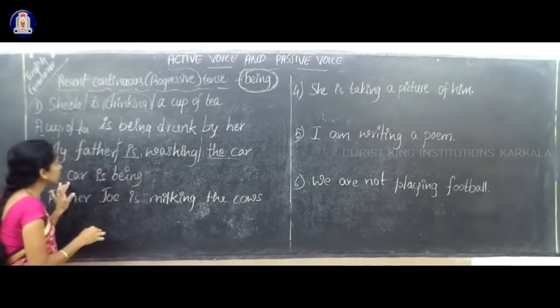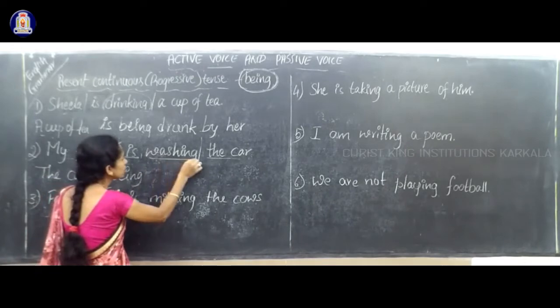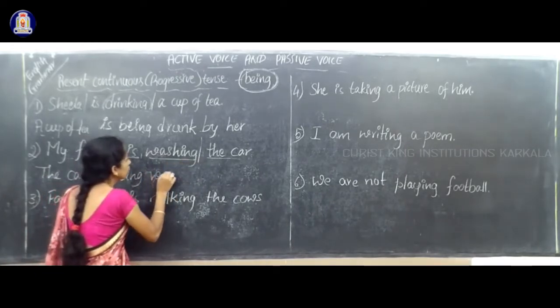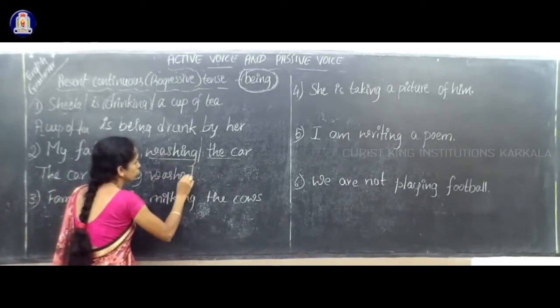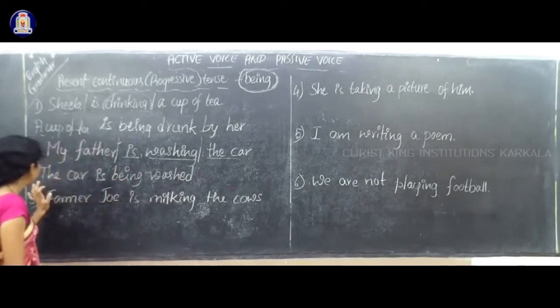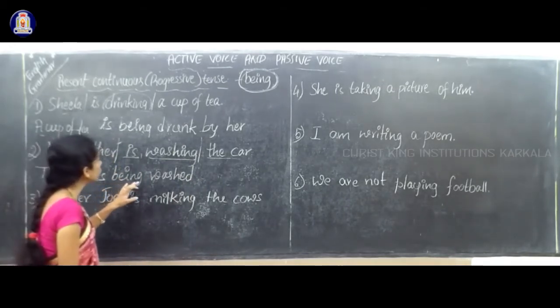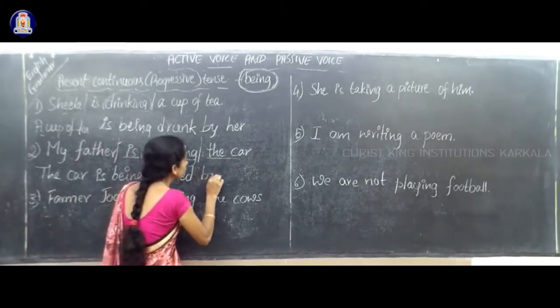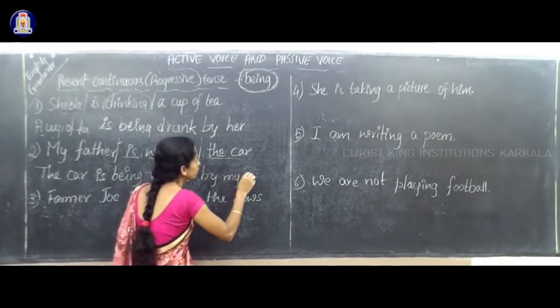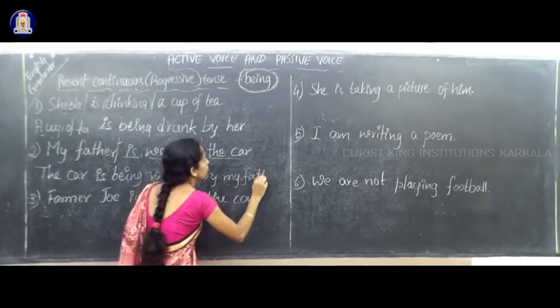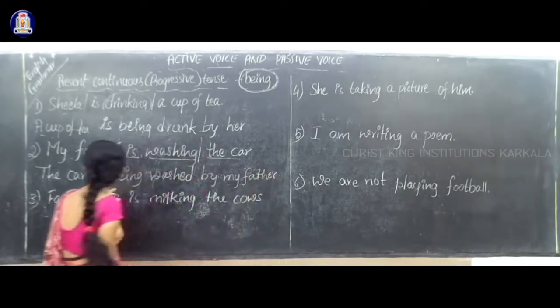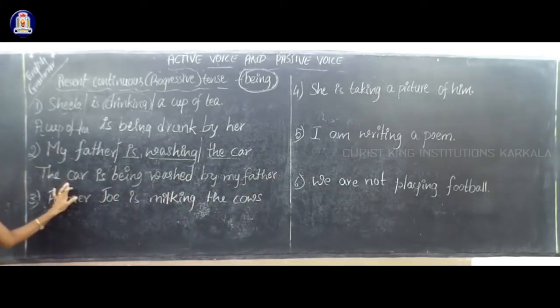The car is being. What is the third form of the verb? Yes, it is washed. The car is being washed by my father.